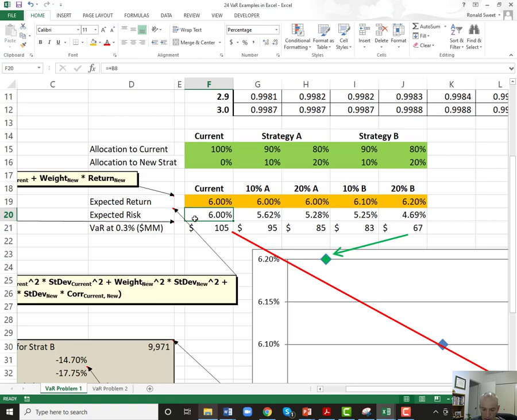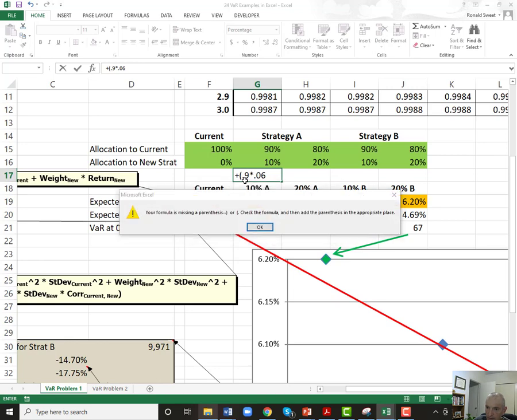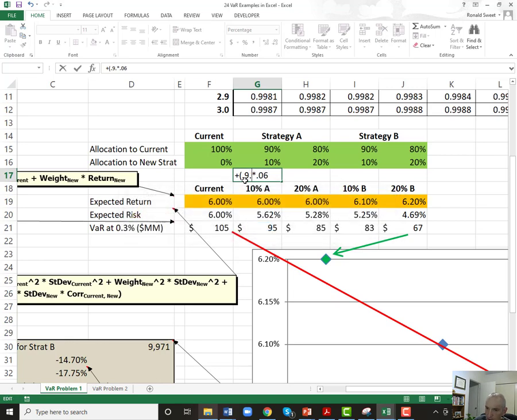And so you look at that in percents, and you see obviously it's 6% with the current. When you add 10% A, we can do that really, really quick. So 0.9 times 0.06. So we're going to square that. So 0.9 times 0.9 times 0.06 times 0.06.